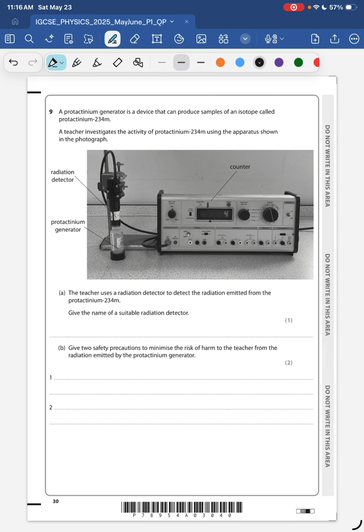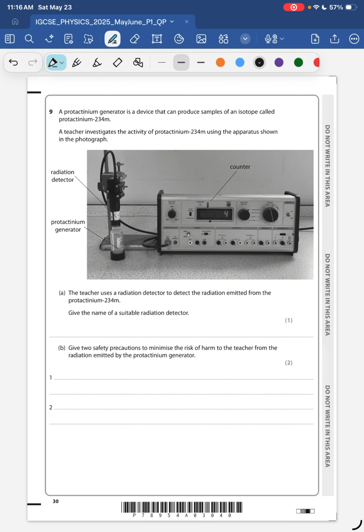Question 9. A protactinium generator is a device that can produce samples of an isotope called protactinium-234m. By the way, since I'm a nuclear physicist, m means metastable. It's a special term used in nuclear physics to describe a situation in which a nucleus is kind of stable but not really stable.